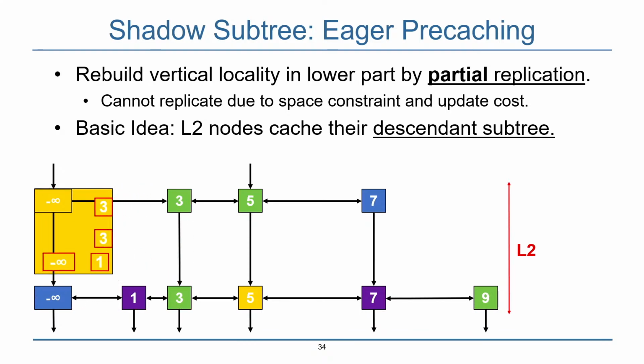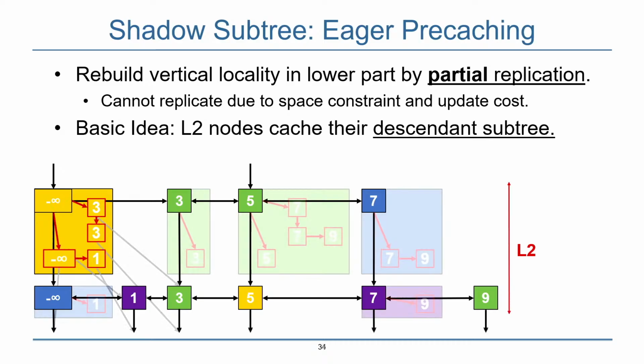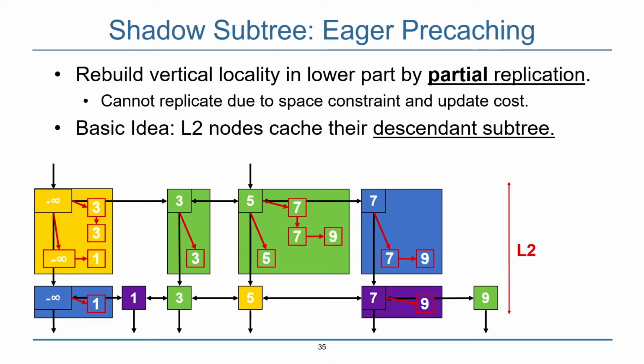And we just cache everything in the descendant subtree at the same PIM module as this node, and we keep all the pointers. And this is done on the whole layer 2. Why is it helpful? With these shadow subtrees, or pre-cached subtrees, we can go through layer 2 in just one round trip. So it's all local. This improves locality.